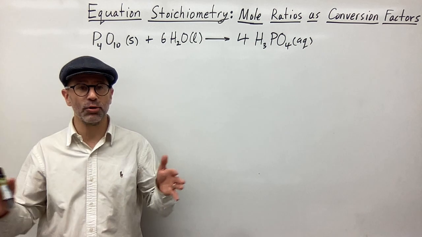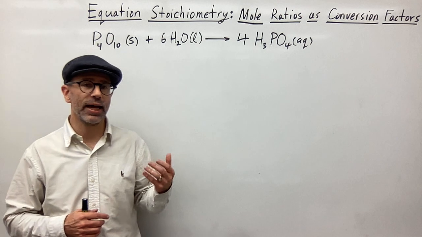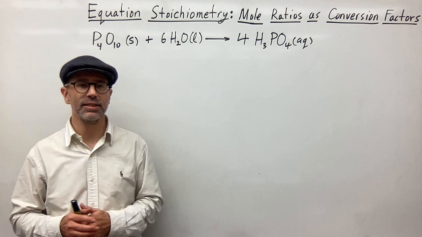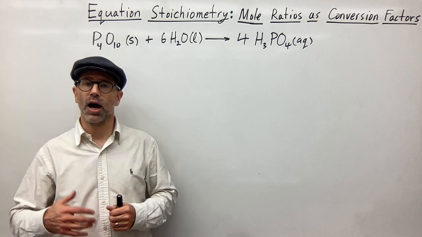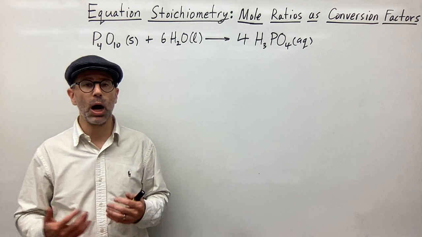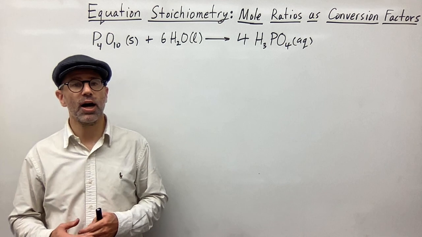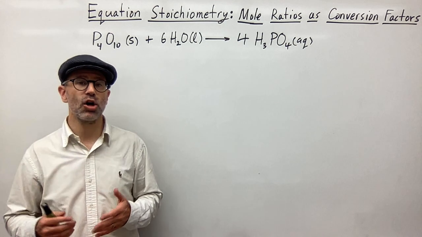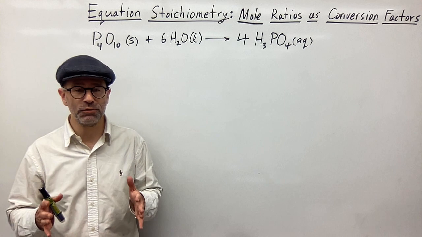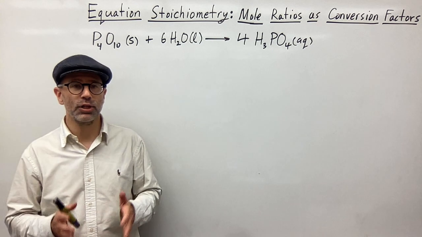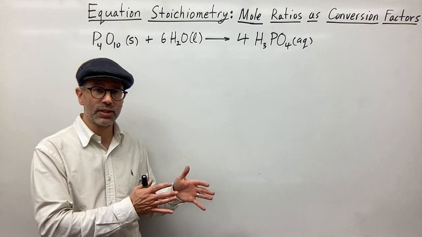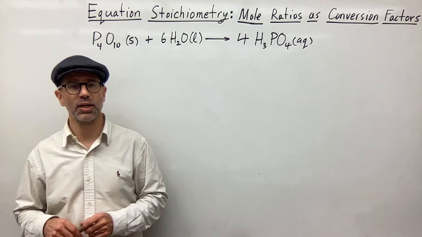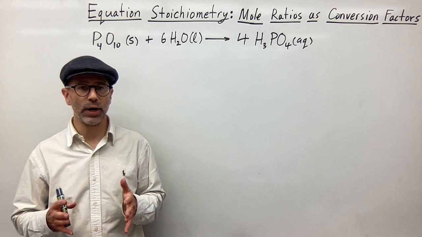You're using a chemical reaction, and if you're given a certain amount of reactant and asked to figure out how much product could possibly be made from it, you're going to need a conversion factor that allows you to convert from moles of one substance to moles of another substance. So we need a mole ratio.